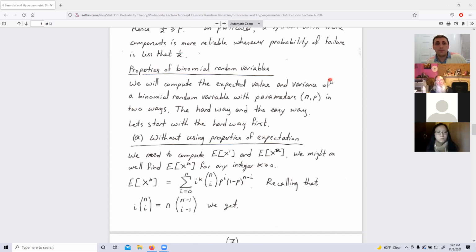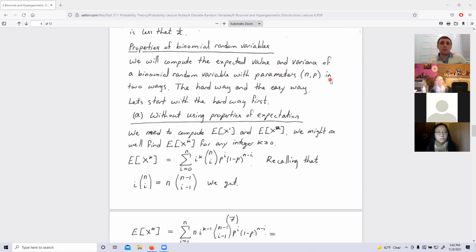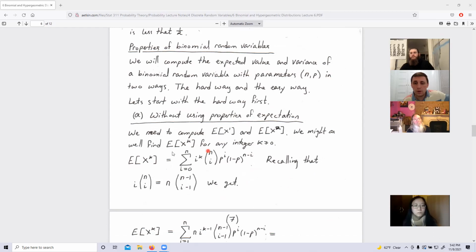All right, so then we can consider now properties of binomial random variables, and we need to figure out what's the expected value and variance for the binomial random variables. So I will probably skip this way of doing it, although it's in my notes. You can derive expected value without using properties of expectation, right?